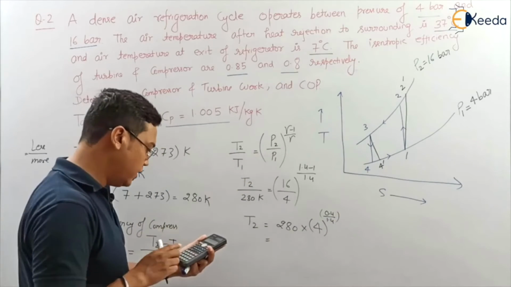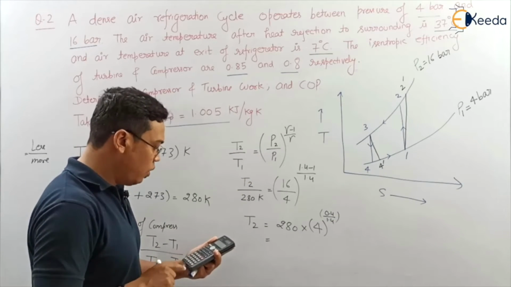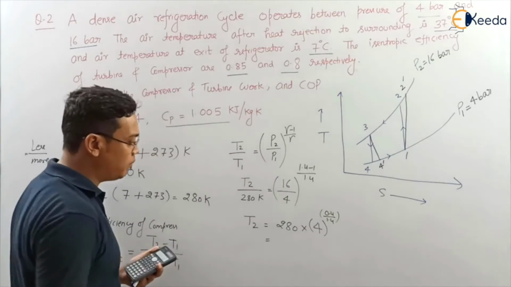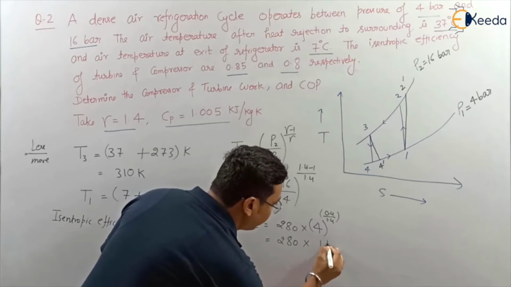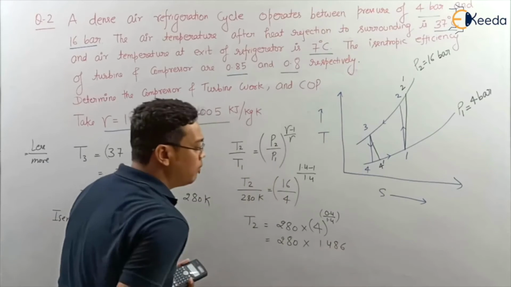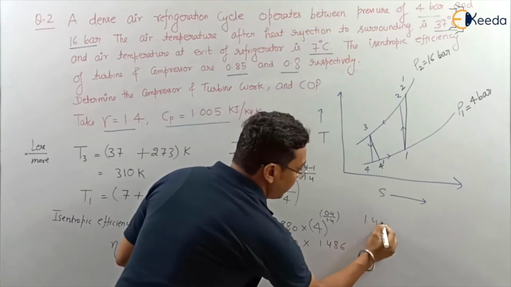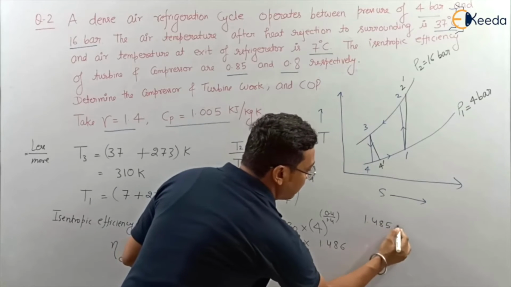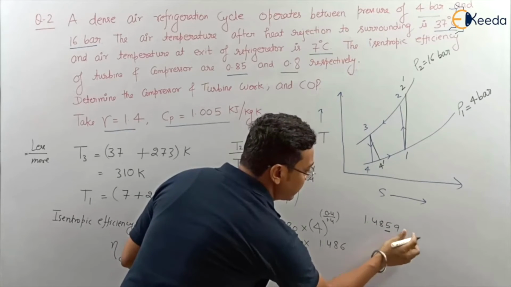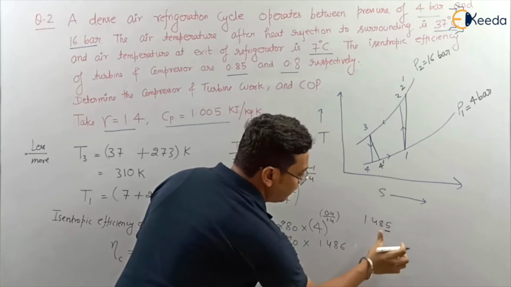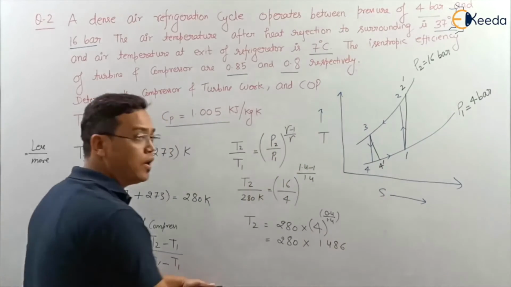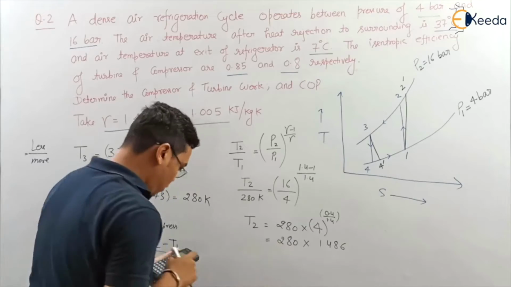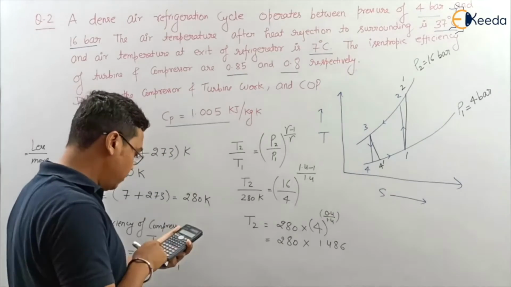You will get 1.48489, so for round off I will take it as 1.486. Now multiply this with the 280.